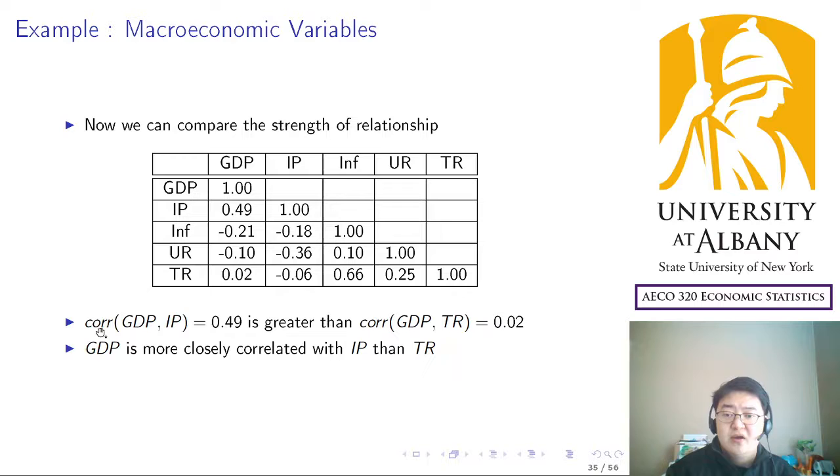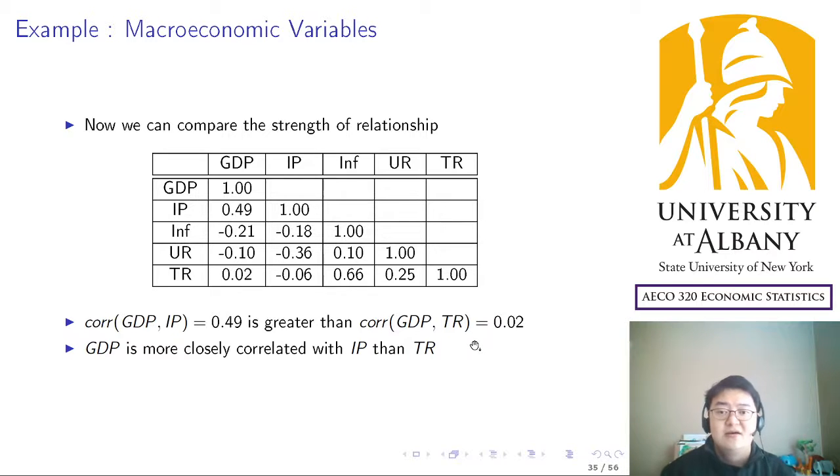For example, the correlation coefficient between GDP growth rate and industrial production growth rate is 0.49, which is greater than the correlation coefficient between the GDP growth rate and the treasury bill rate, 0.02. So compare this guy and this guy. From this table, you can say that in our framework, GDP is more closely correlated with industrial production than treasury bill rate, right?